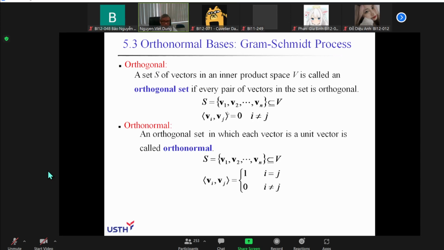That is like here. But we require more. That is, the inner product of Vi and Vi equals 1. It means that Vi has length, has norm 1. Then we call it an orthonormal system, orthonormal set, một hệ trực chuẩn. You have the word normal means chuẩn.